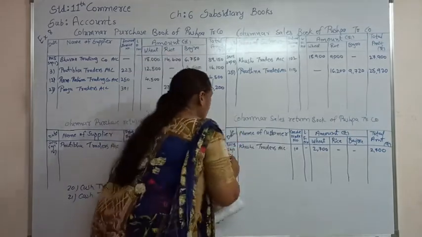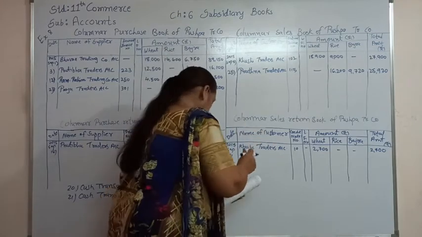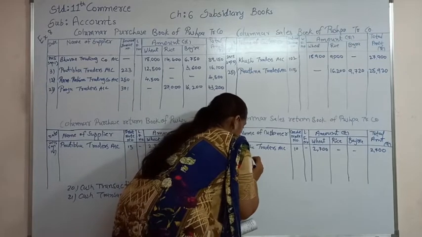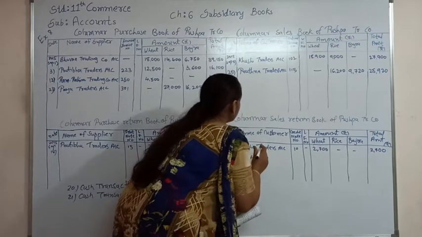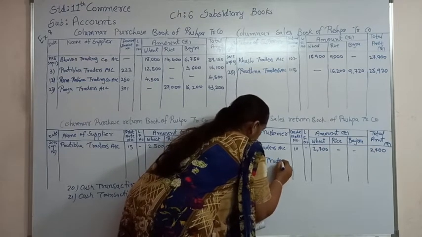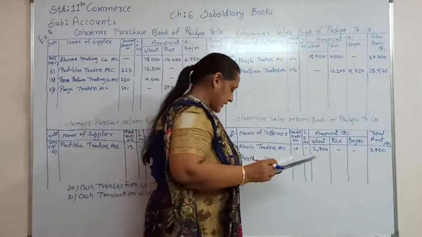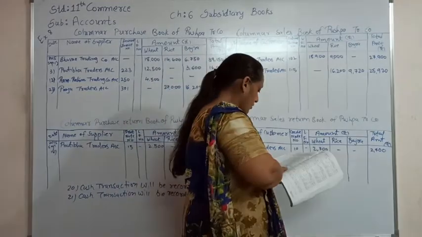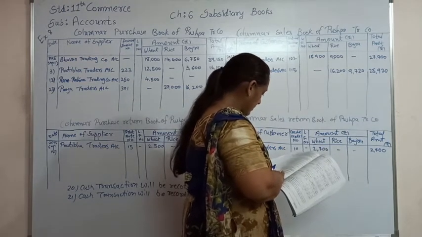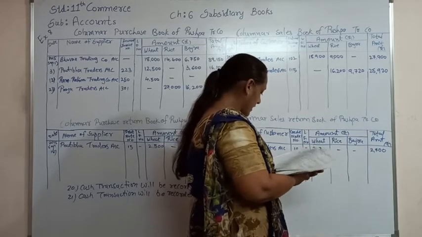So here on 27, Pratna Traders has returned half of the goods. So half of that will be in the Pratna Traders account. And here the credit note number is given to us, and that is for 50% of goods which is immediately returned to Pooja Traders.